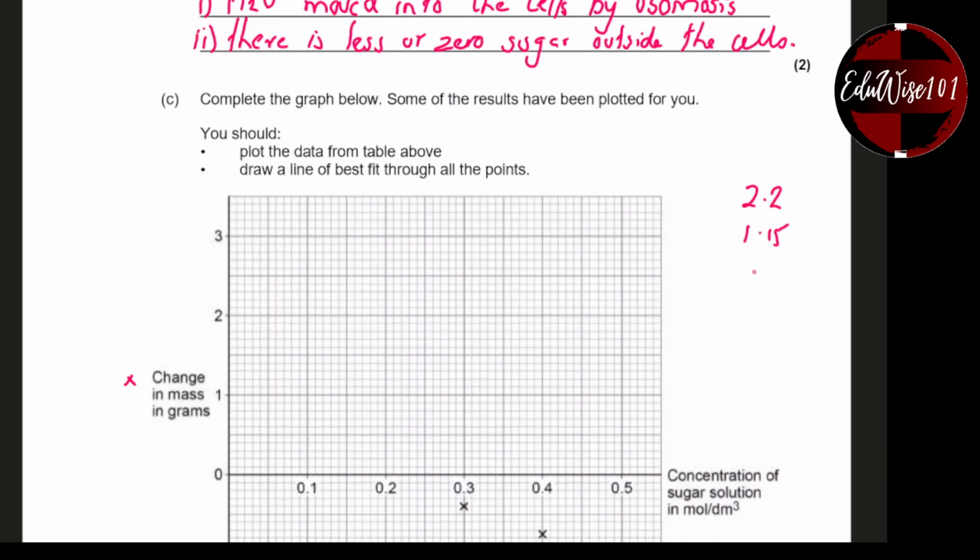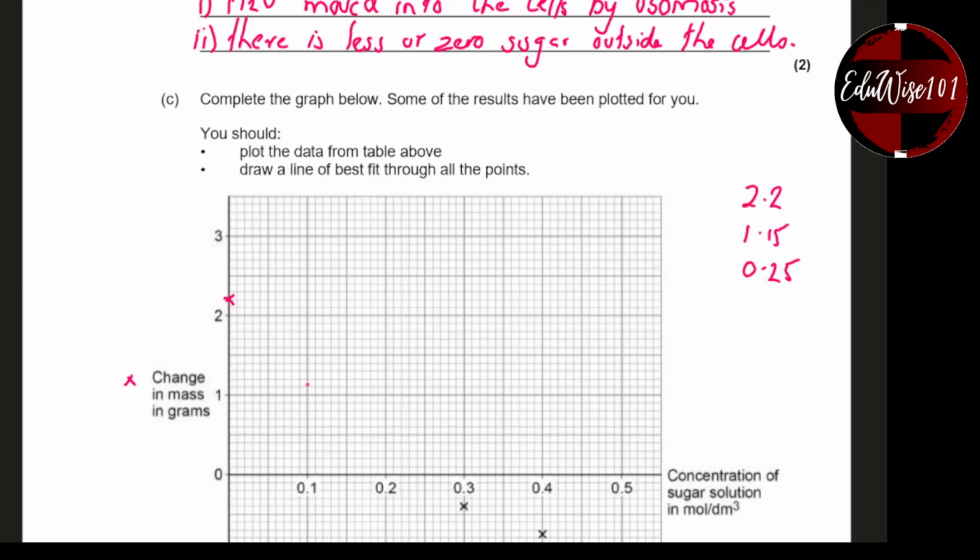So at 0 concentration, it was 2.2. So 2 is over there, and the second box is over here. That's 2.2. And when it's 0.1, it's 1.1 and 1.2.